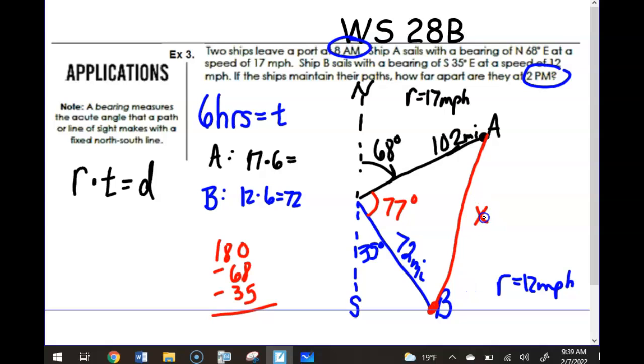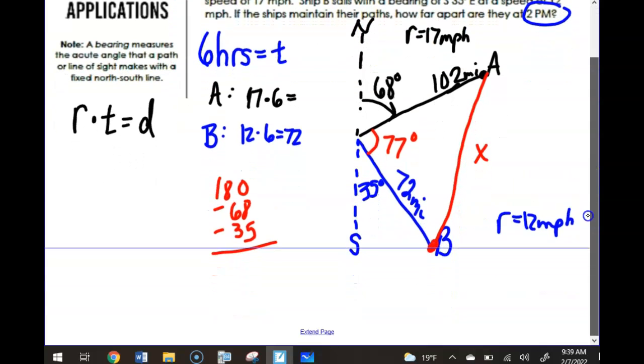Now how are we going to find side X? Does anybody remember? To use law of sines, we have to have an angle and a side across from each other that we can use as our proportion, which we don't have here. So that leaves us with law of cosines. And law of cosines, anybody remember how that goes?